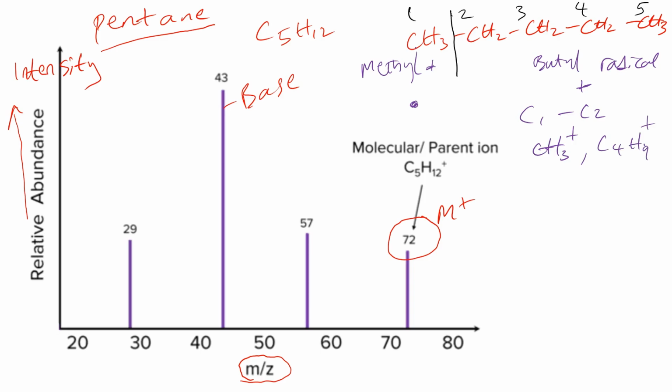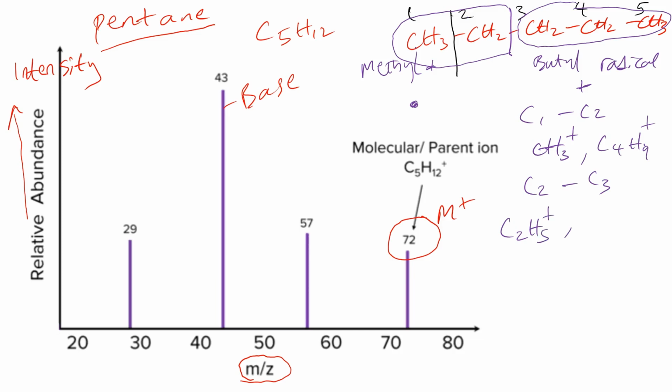Now what if the bond between carbon 2 and 3 is broken? We are going to have an ethyl cation C2H5+ and a propyl cation C3H7+.